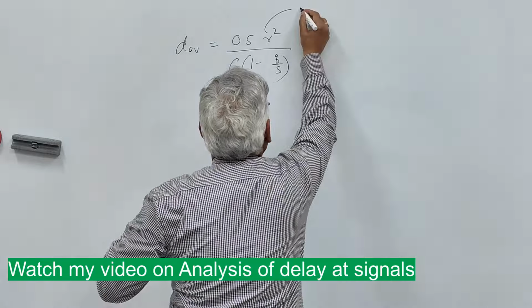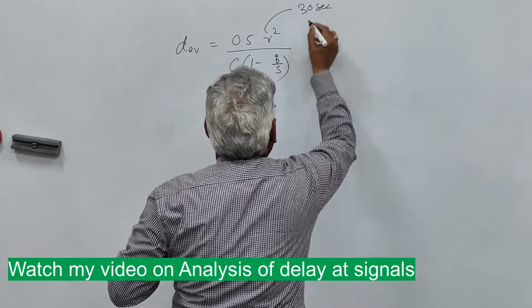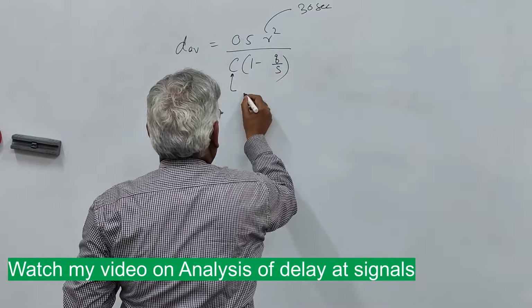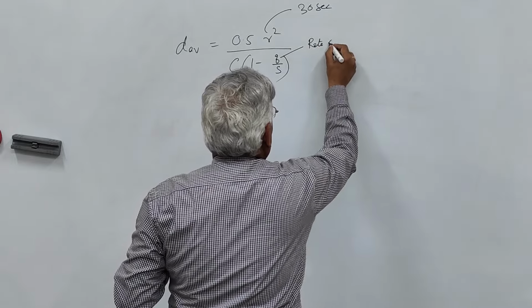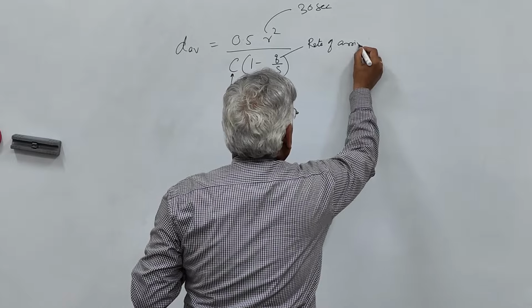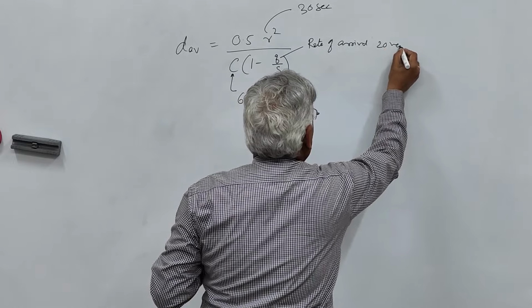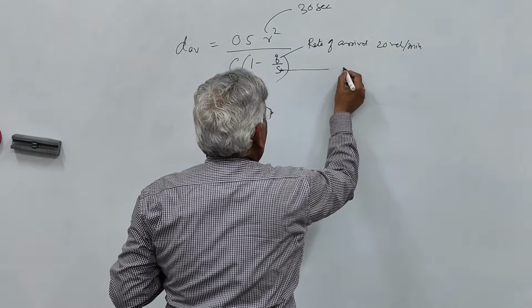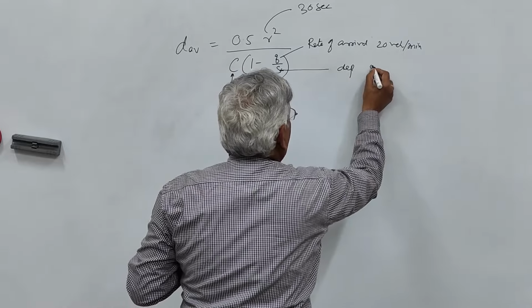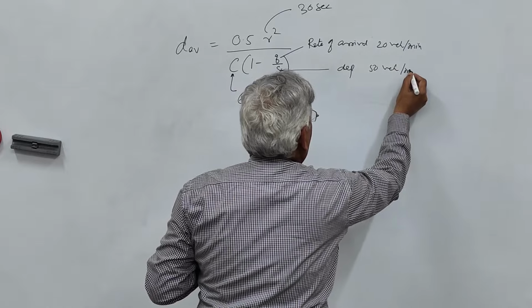Red time is given 30 seconds. C is the cycle length, that is 60 seconds. Q is the rate of arrival. Rate of arrival is 20 vehicles per minute. And S is the rate of departure, that is 50 vehicles per minute.